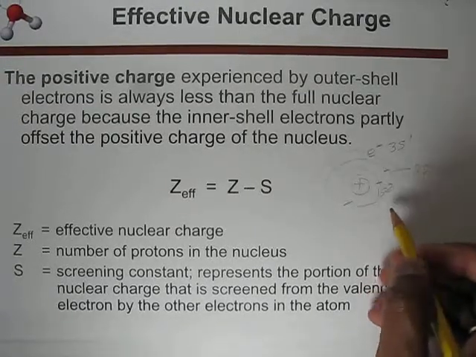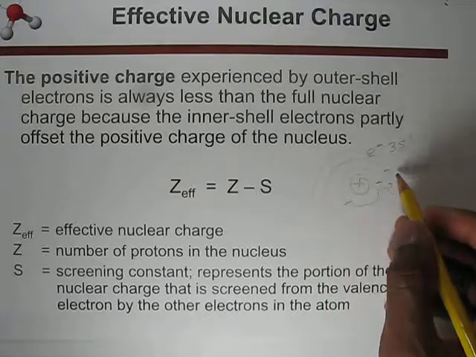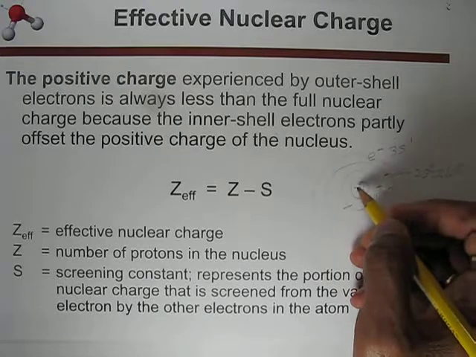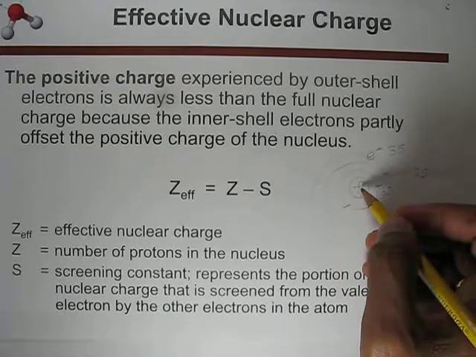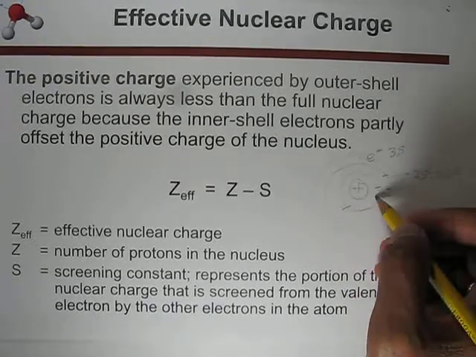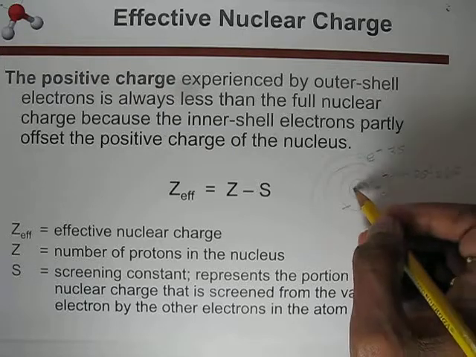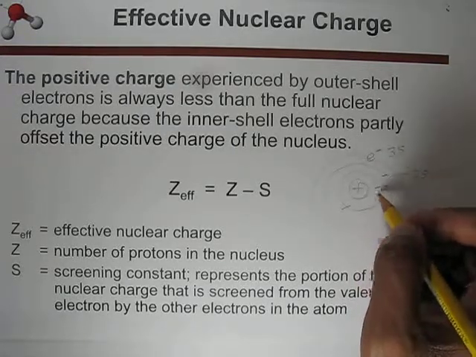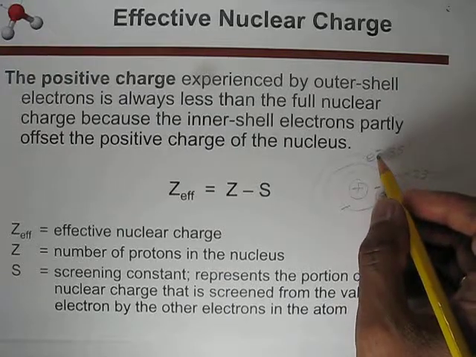Most of the electrons are in the middle, and the positive attraction experienced from the nucleus by the inner electrons is a lot greater than that of the valence electron.